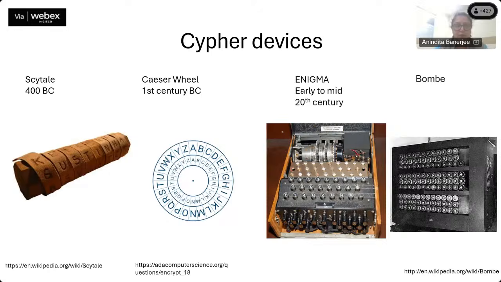For example, in 400 BC, we had the scytale, and we have also seen movies on it. They use the method of transposition. Okay. Then we have the famous Caesar cipher, and here we use the substitution method.